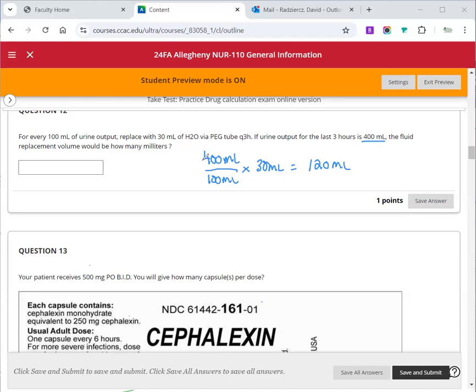And you're still going to give them fluids even if the actual output was less than the expected output, you're still going to calculate that. So in that instance, you'd give them 15 milliliters. I'm assuming that's not an actual scenario, but just giving you a heads up in case you see a question like that. So 120.